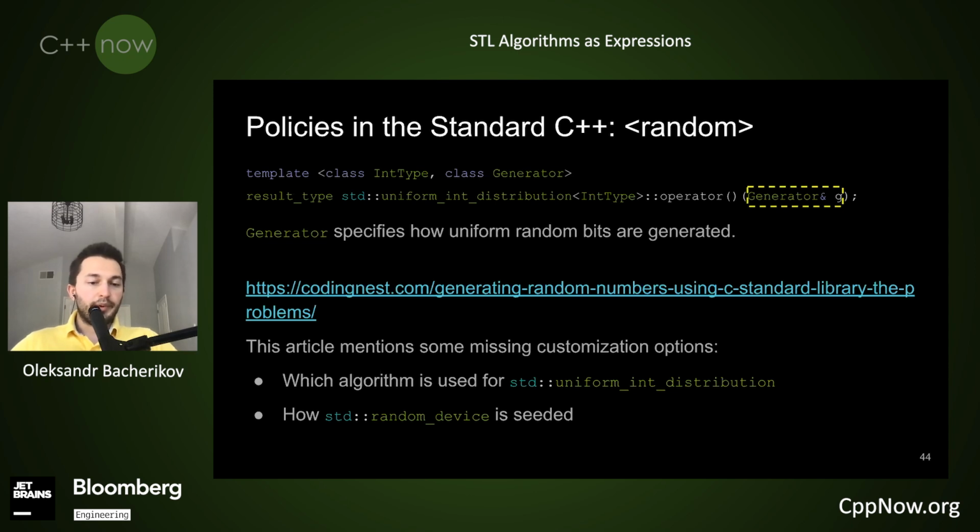And this is important because it kind of affects portability of your code on different platforms. And the second one is that there is no way to specify how the random device is seeded. And we could solve all of this by composing multiple policies and passing them into these distribution algorithms.